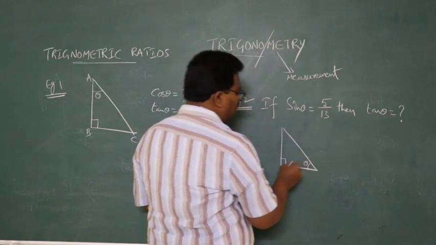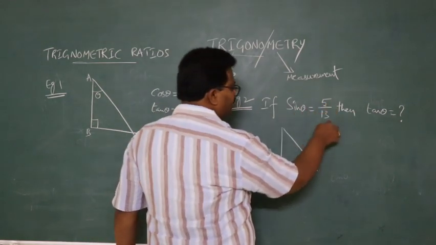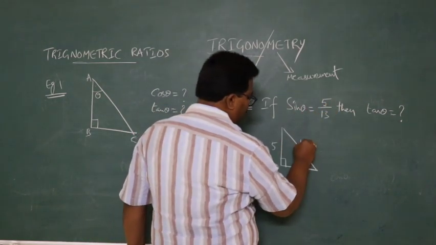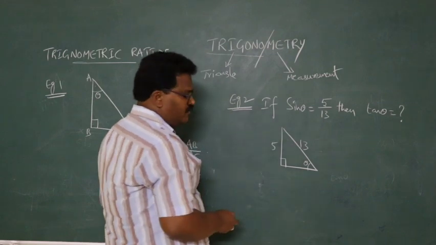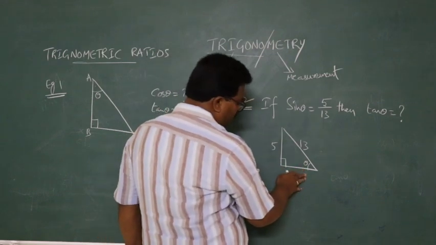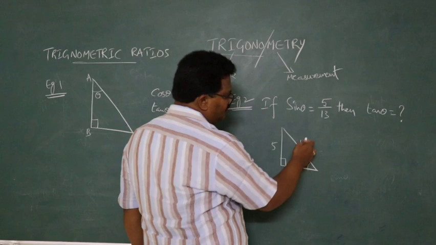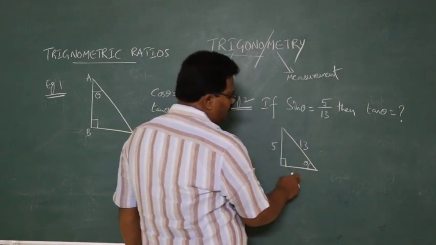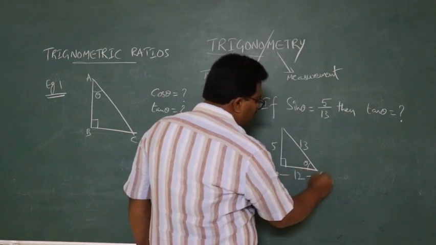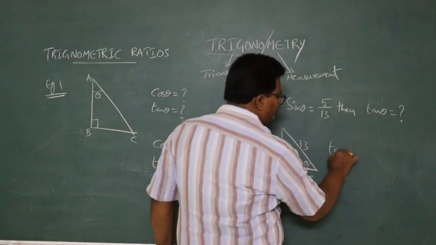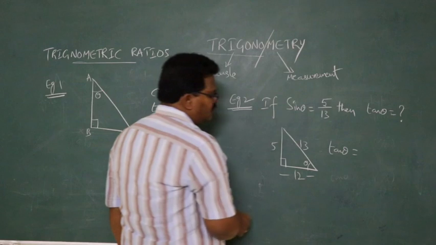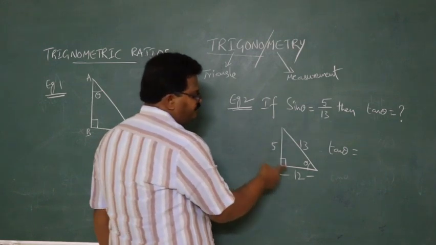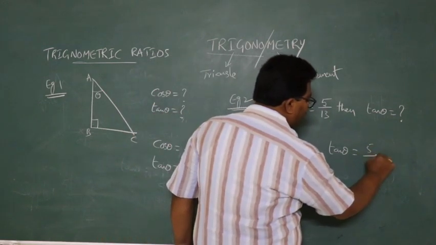This is theta, opposite by hypotenuse. So this is 5 and this is 13. If you don't know the third side, take it as x, and hypotenuse square equals side square plus side square. So obviously this is 12. Now we have to find tan theta. What is the formula for tan theta? Opposite by adjacent, that is 5 by 12.